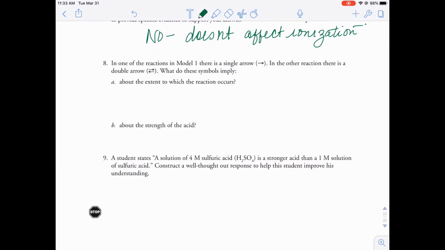So the extent to the way a reaction occurs, this means that the reaction is complete. And this means that the reaction, I want to say hang on.